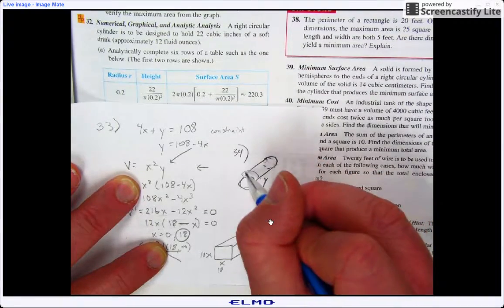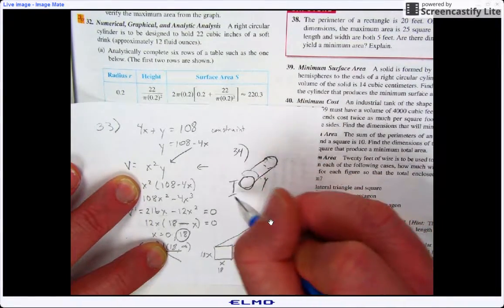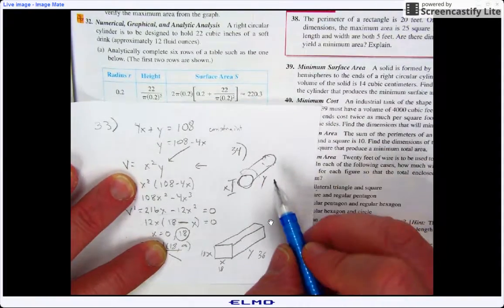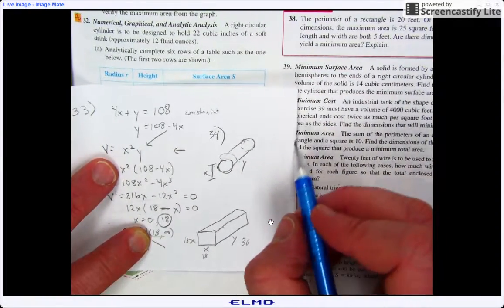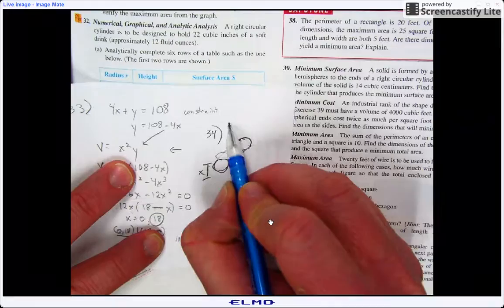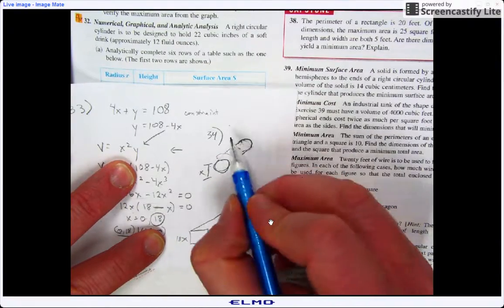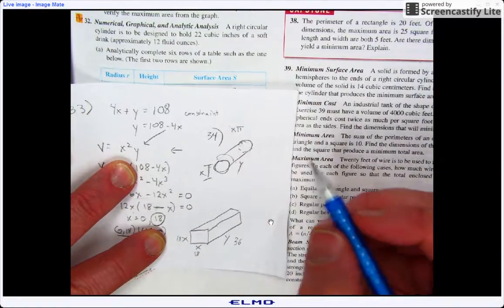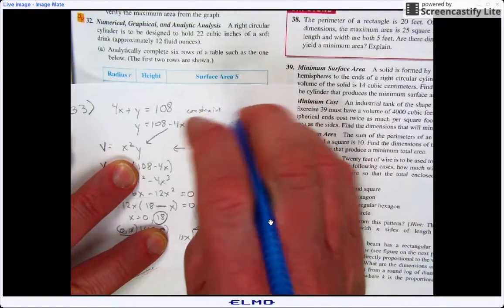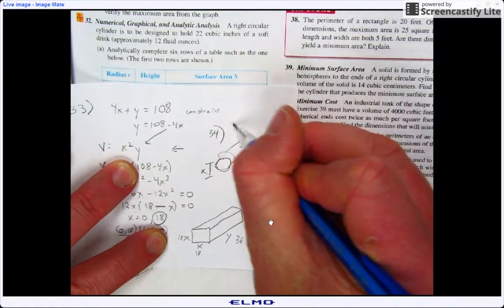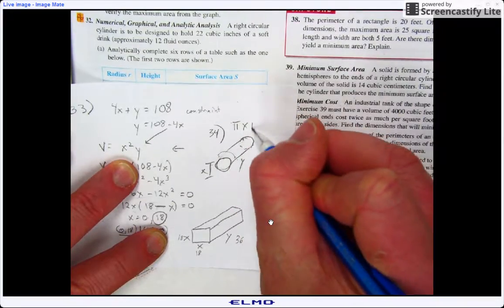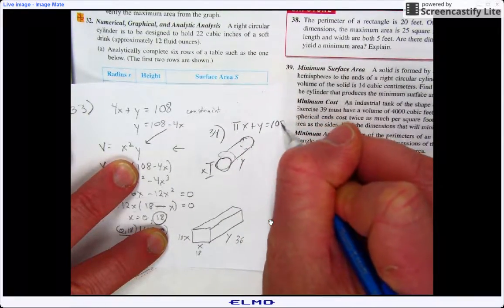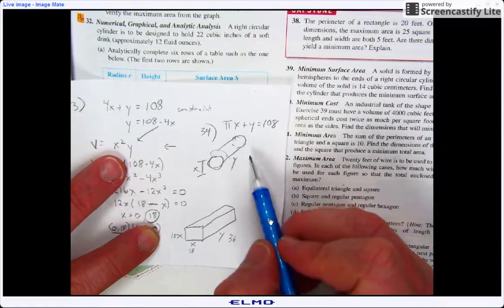So the perimeter this time, if this is our x, the perimeter is a circle. So we can write our girth is now a circle. So pi times diameter, and pi x if you want to write it that way, plus y equals 108. So everything else is the same.